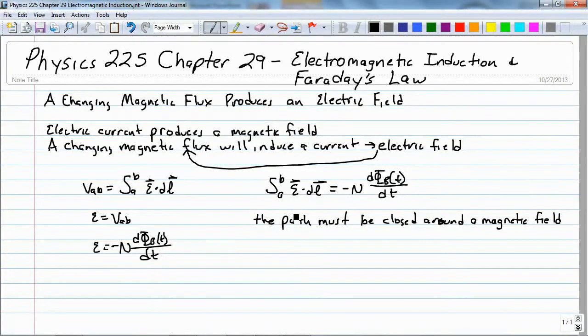Because this path is going to be related to our area for our loop. And we must remember that this relationship is not conservative.